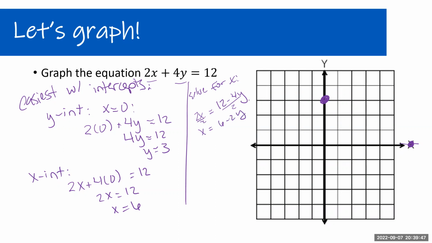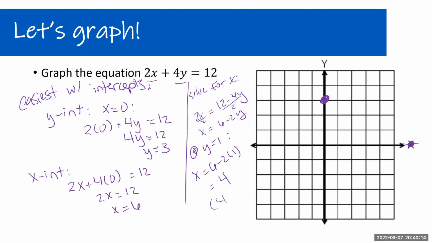So if we wanted to plug, let's do y equals 1 for easy math. We know that x equals 6 minus 2 times 1. So that is going to be 4. So we have the point 4, 1. Remember, this is x.